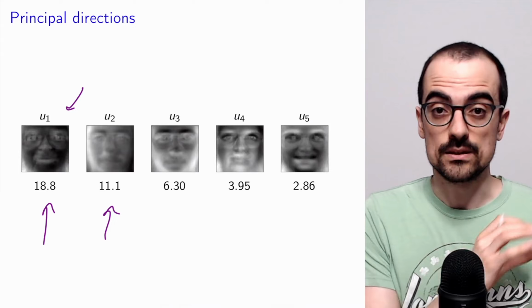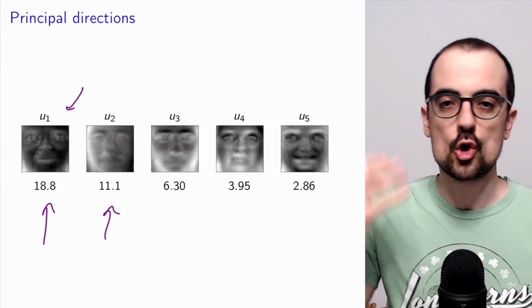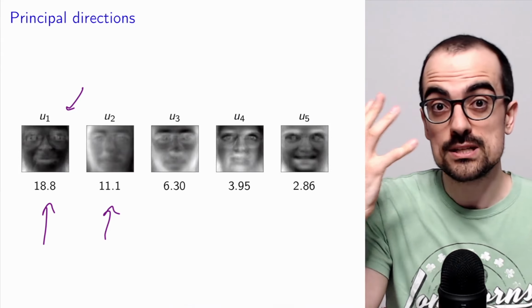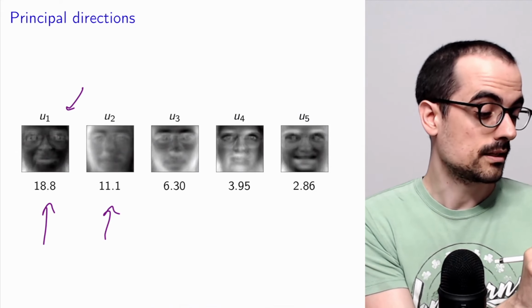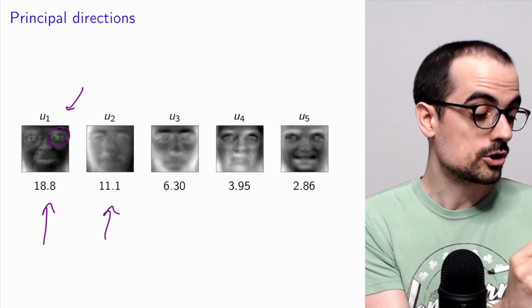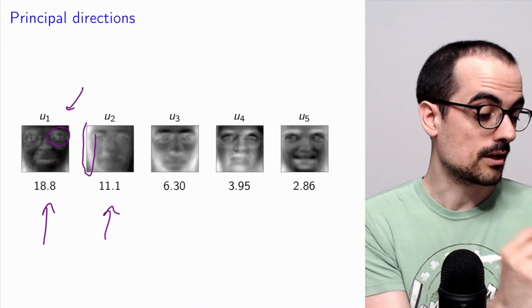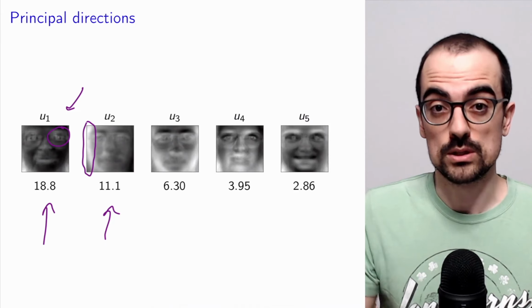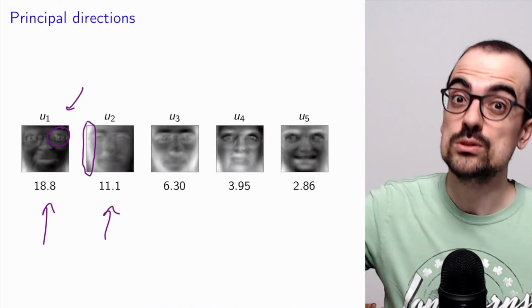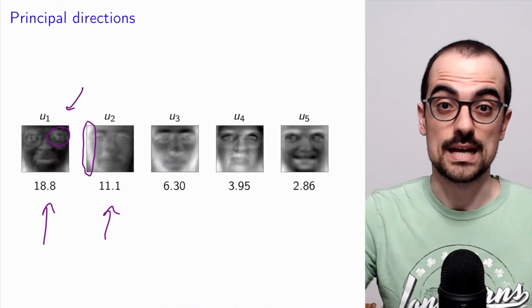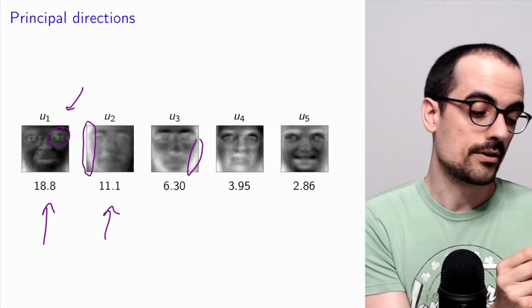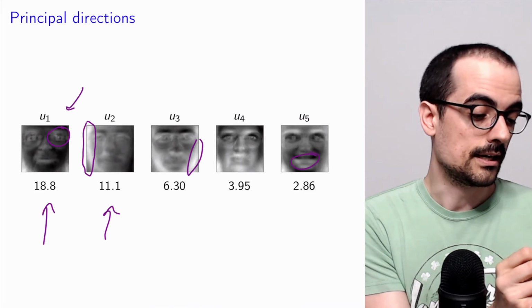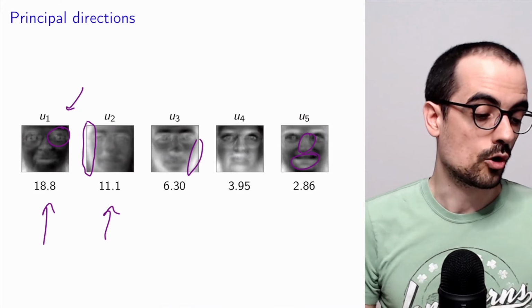What we see is that the first principal directions capture coarse level details of the head, of the face, such as the eyes, also illumination. Illumination seems to be very important; this seems to account for a lot of variance in terms of pixel intensity. Here we also see illumination and other features such as the mouth or the nose.